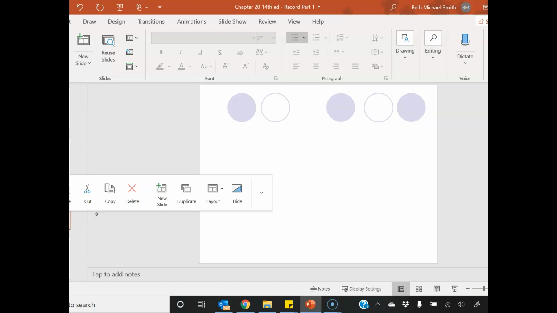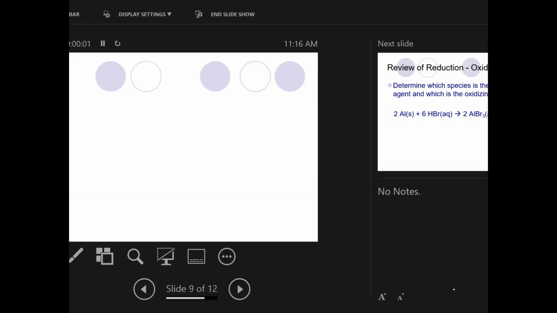New slide. Okay, so these are words that mean the same thing. So when something undergoes oxidation, that means that whatever it was is oxidized. Okay, just words that mean the same thing.